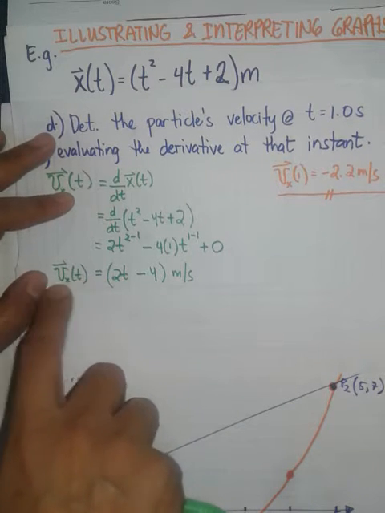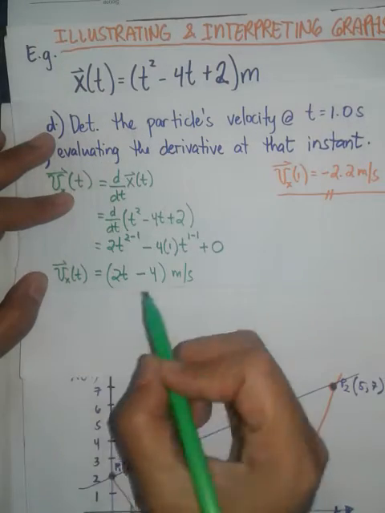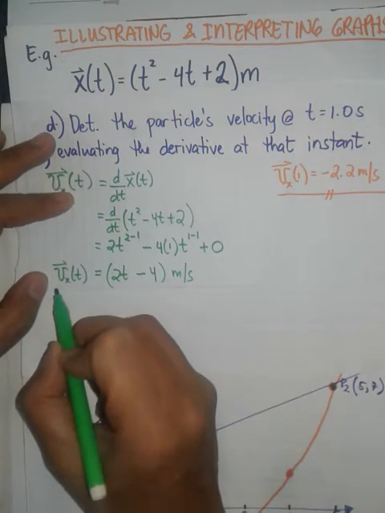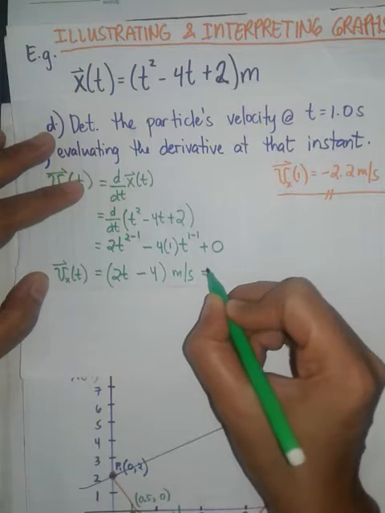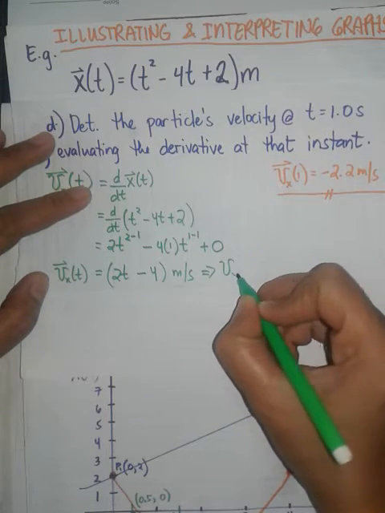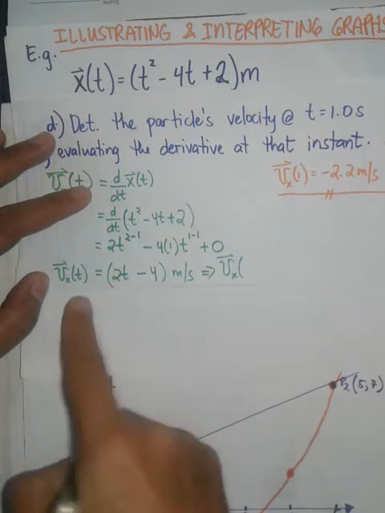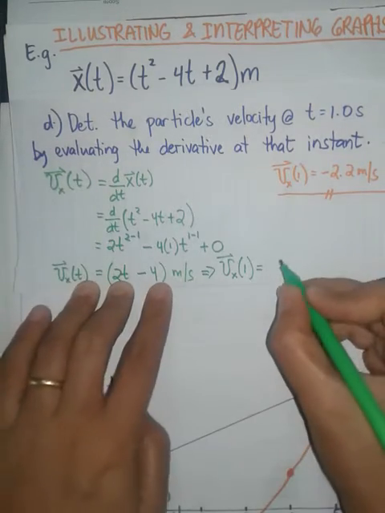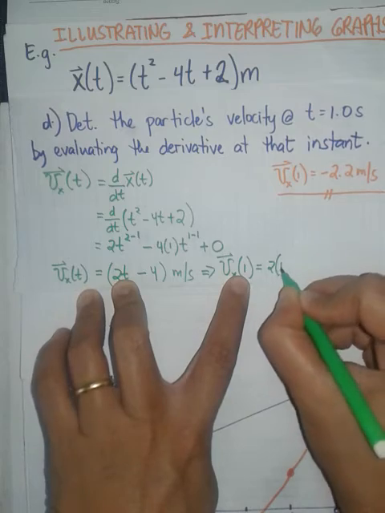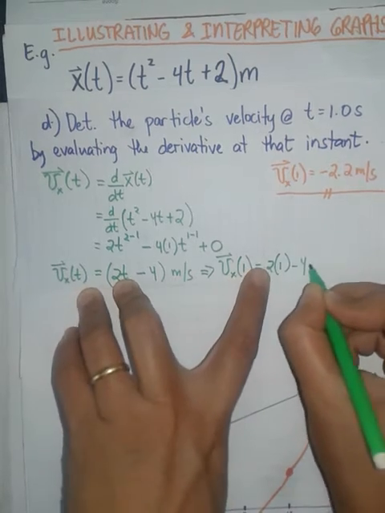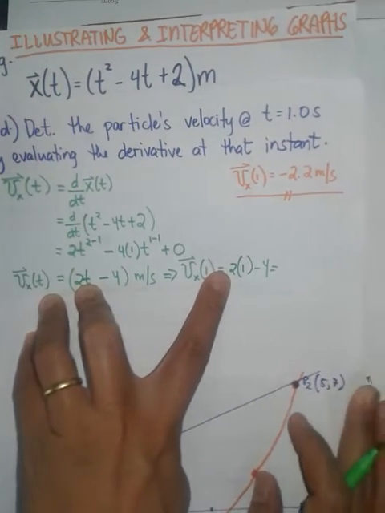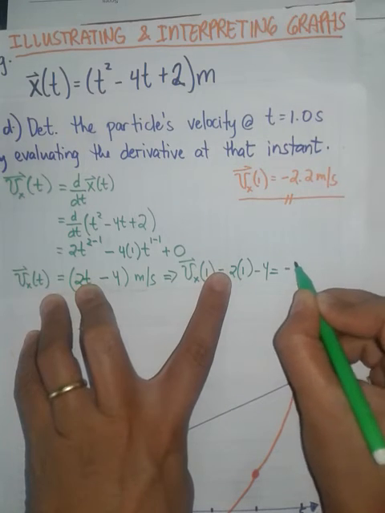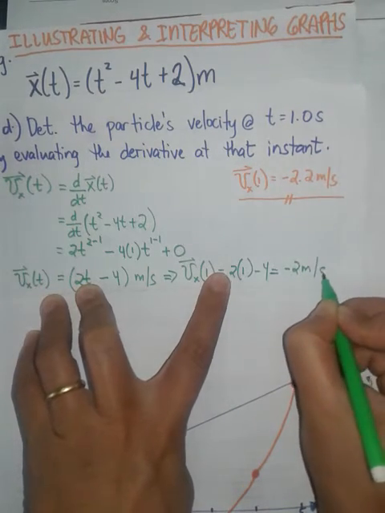Since we are to determine velocity at a particular time, this general equation for v as a function of time, with the time value of 1 second, we just substitute. So this becomes 2 times 1 second minus 4. Then we have negative 2 meters per second.